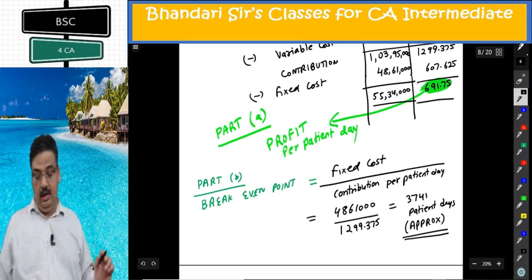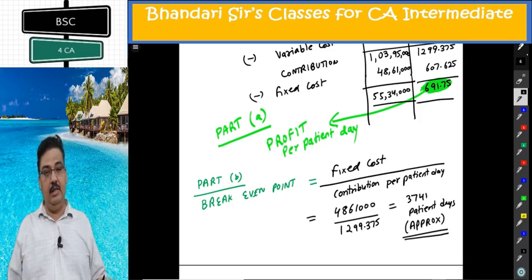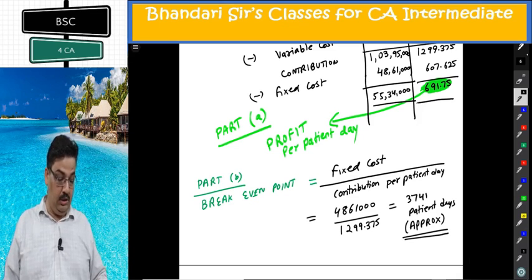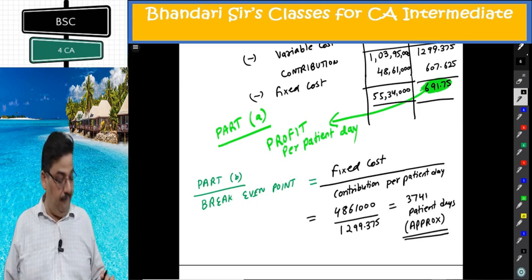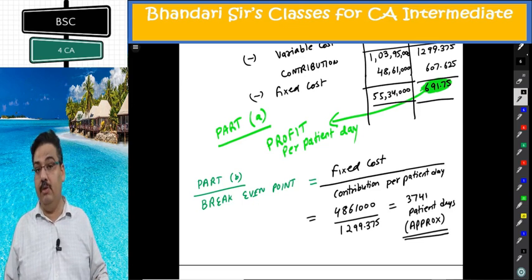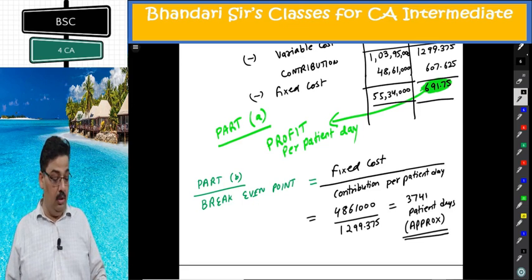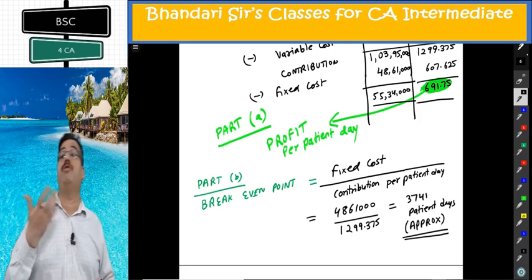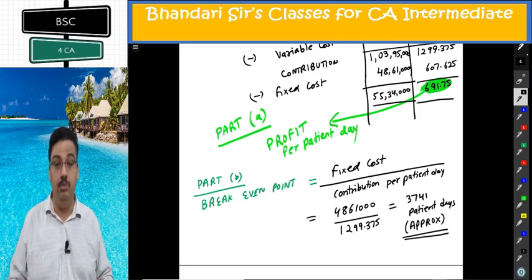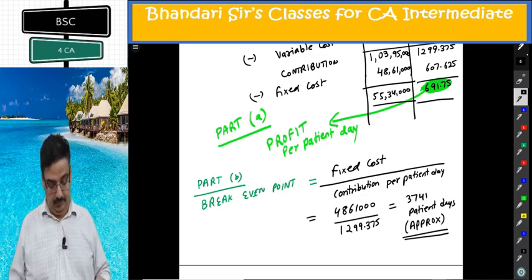So in the year, if there will be at least 3741 patient days, there will be no profit or no loss, but actual patient days here are 8,000, that is why they are in the profit area. If less than 3741 patient days, we will get a loss area. So you are having lots of margin of safety in terms of marginal costing. This is complete illustration number 8.